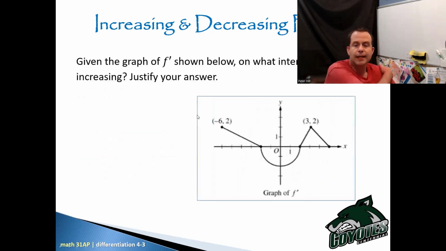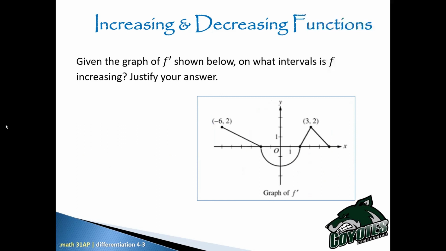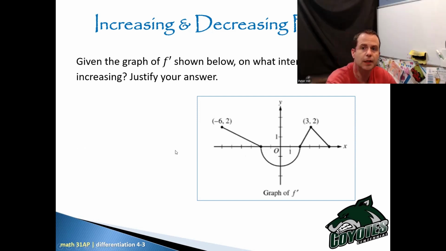Awesome. Okay, given the graph of the derivative shown below, on which intervals is f increasing, justify your answer. Okay, so this is the derivative. I'm looking for when the original function is increasing. Well, I know that the original function will increase when the derivative is positive.